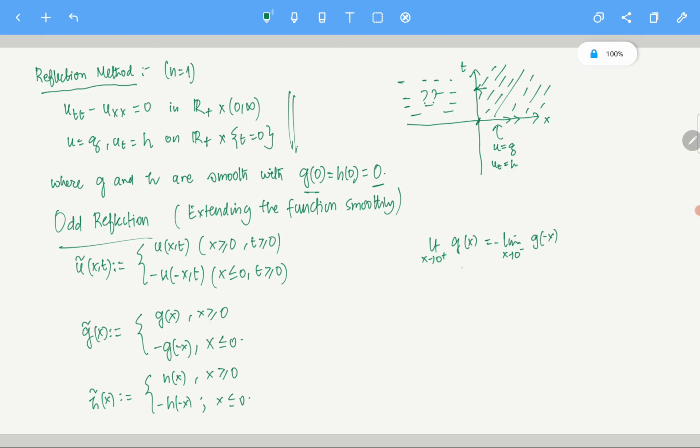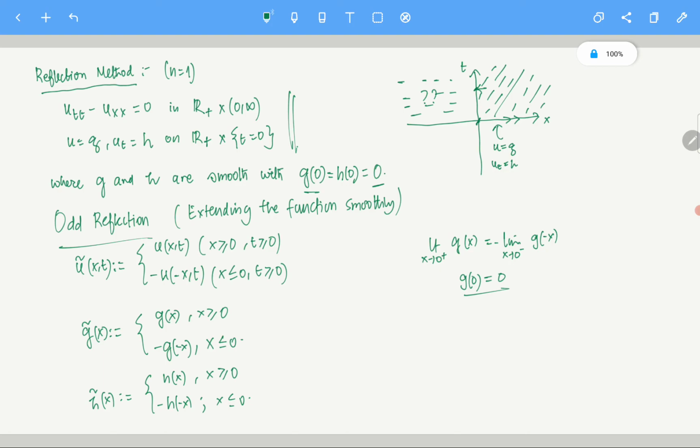From here, you can see that g of 0 equals minus g of 0, so g of 0 is going to be 0, right? And then g of 0 has to be 0. You understand? That is why this odd reflection. If this were an even reflection, g of x could be something other than 0 also, so it may not work. Okay, I hope this is clear.